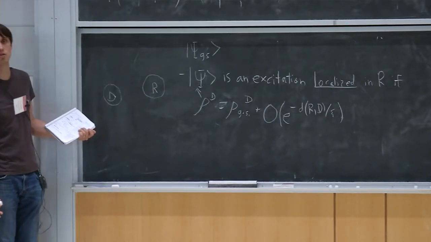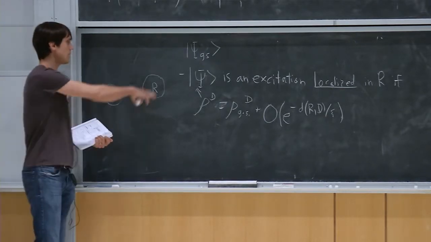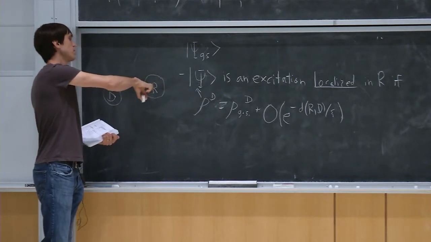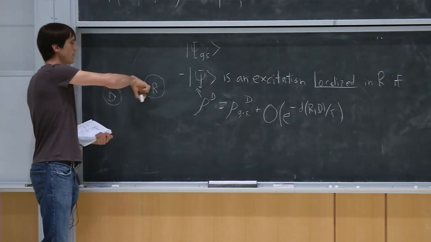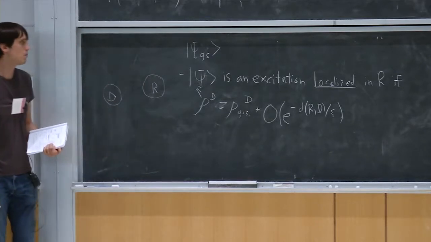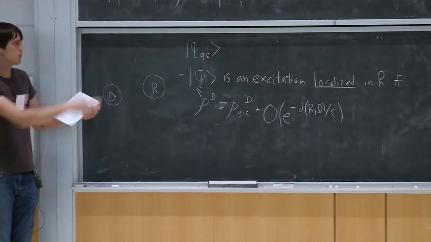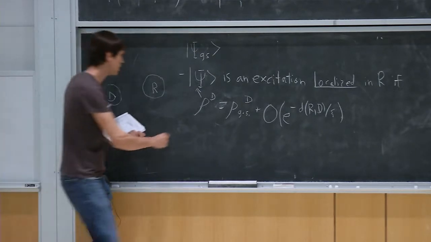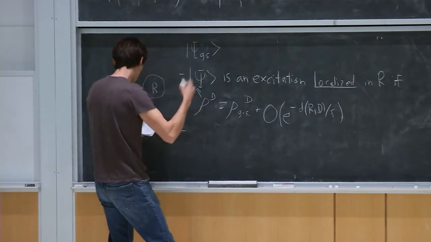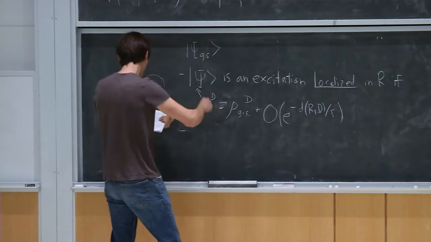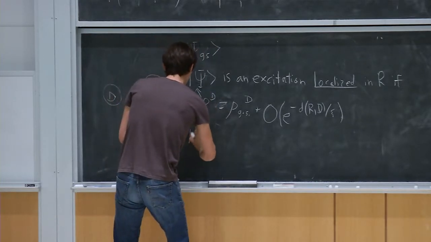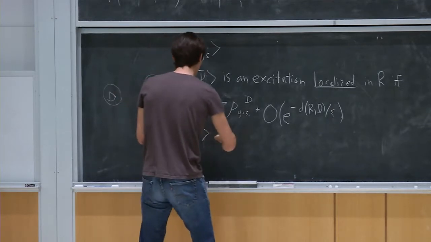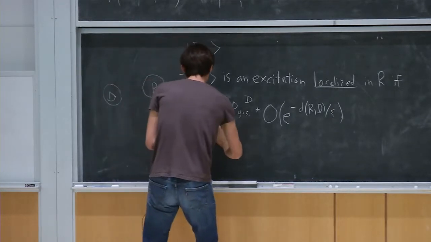Any excitation that you can make that has some energy or looks like it's not the ground state in this region R is going to be an excitation localized at R. So I have to introduce some kind of a quotient. This is a typical thing that occurs in topology. The definition I have to introduce is that of a truly local excitation.